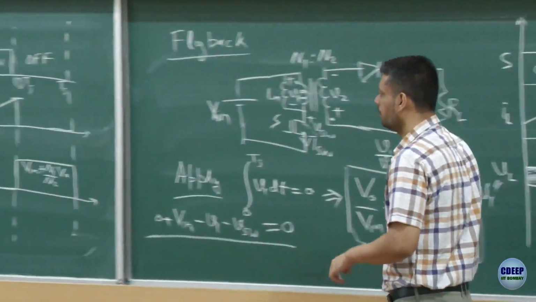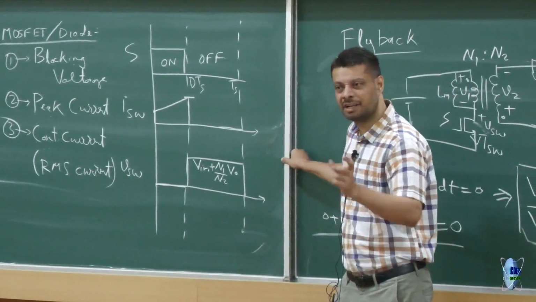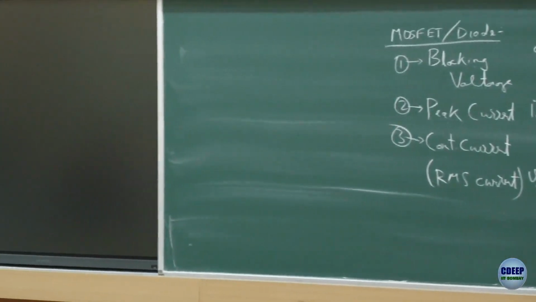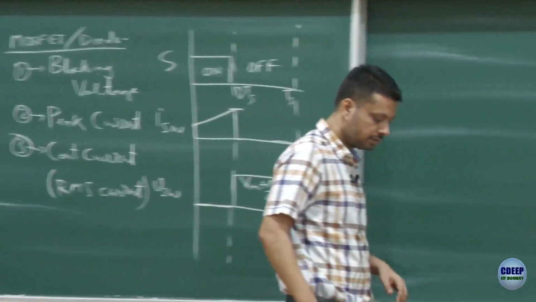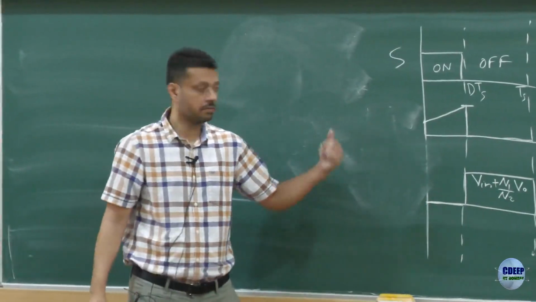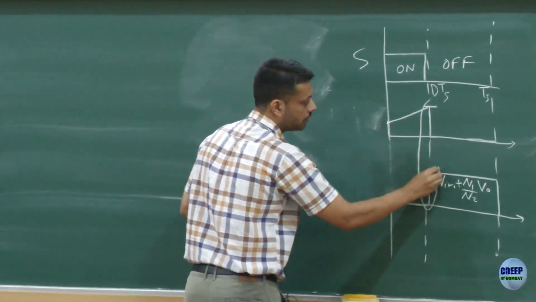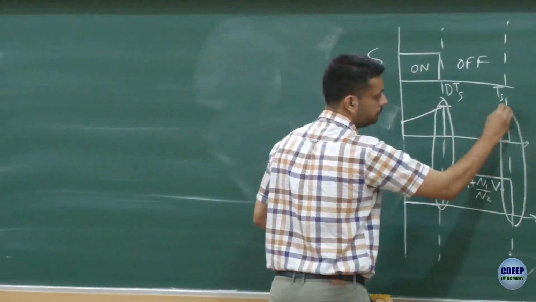Since we have brought up the topic of switching frequency, let me talk a little bit about the losses, and then we will come back to the flyback part, with more to be covered there. Just one thing you should observe here before I remove this diagram: focus on this transition and on this transition.